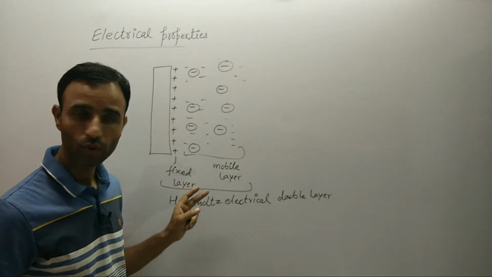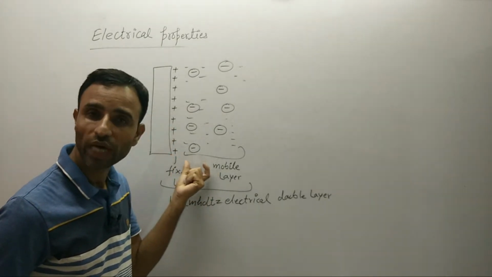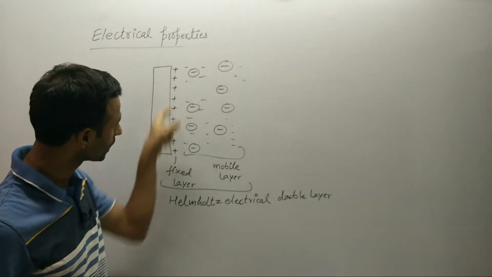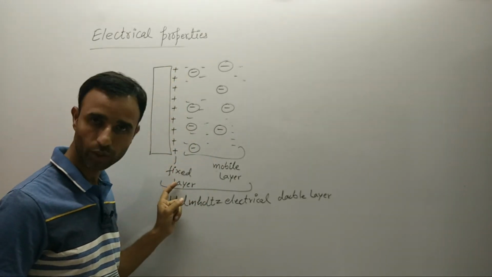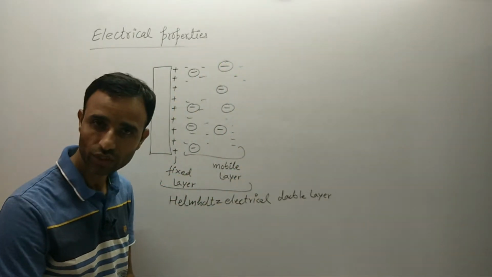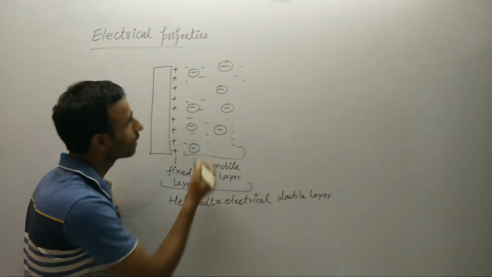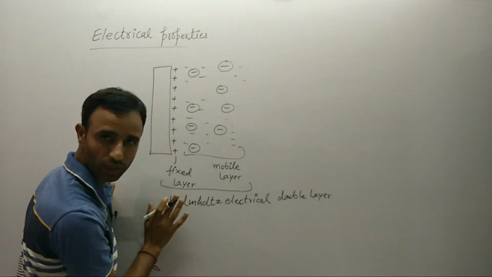Now there is a separation of charges. If the fixed layer is positively charged, then the mobile layer is negatively charged. If the fixed layer is negatively charged, then the mobile layer is positively charged.